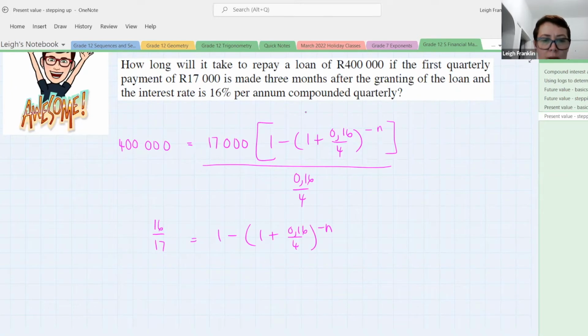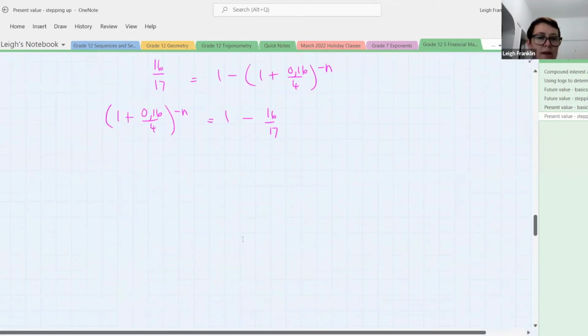Then we're going to take this term, the bracket, the base, over to the left-hand side, so now it's positive on the left-hand side: (1 plus 0.16 over 4) to the negative n, and on this side we've got 1 minus 16 over 17. Now what is in our bracket is our base, and what's on the right-hand side is now our number.